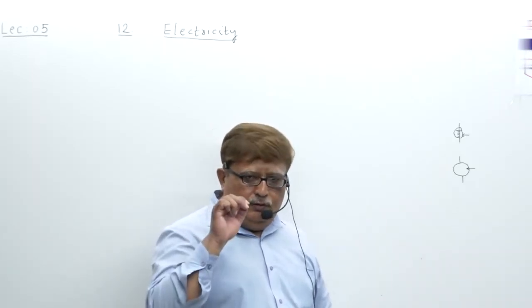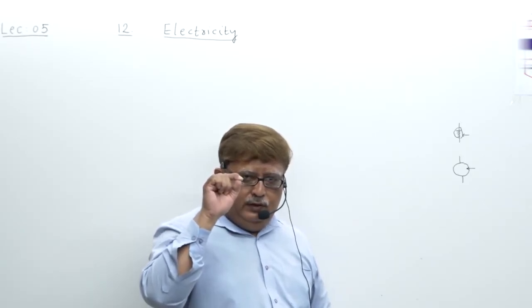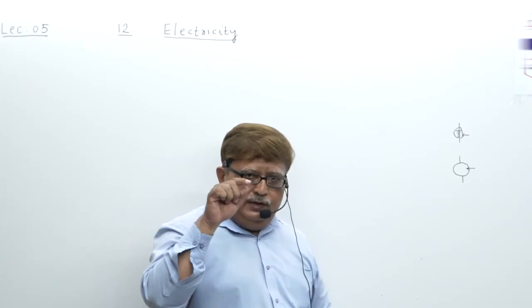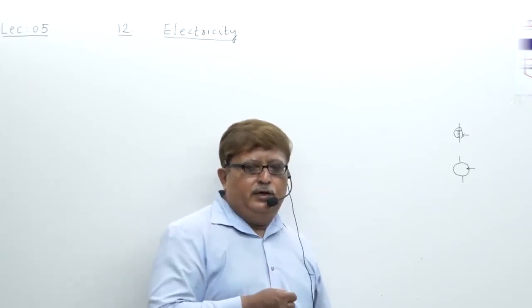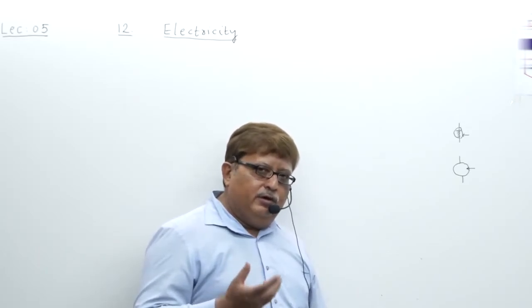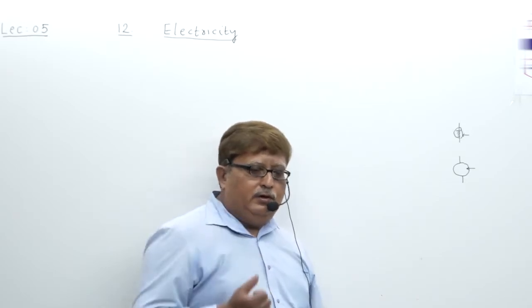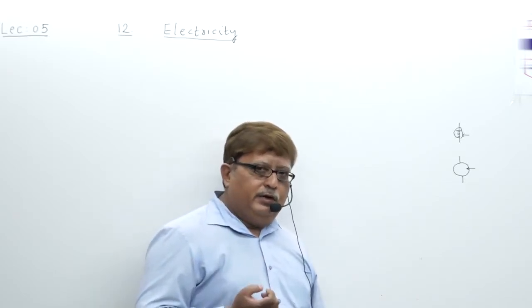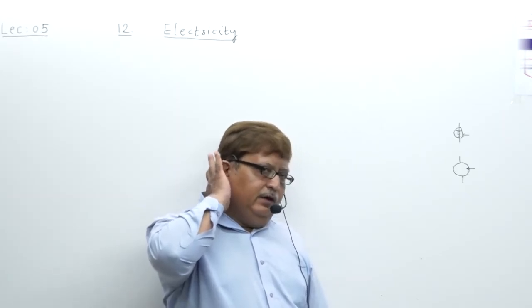Those color codes are marked on the resistor to estimate its value. That's why the color codes are there. You will study these color codes in detail in engineering, which type of color code means what type of resistance.